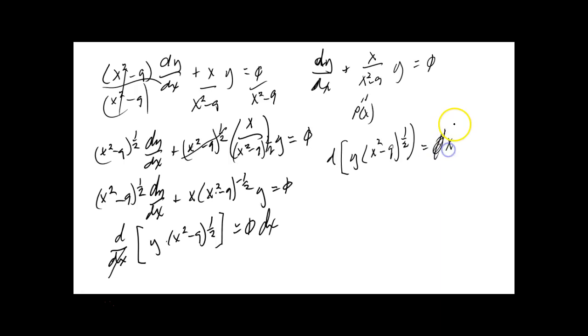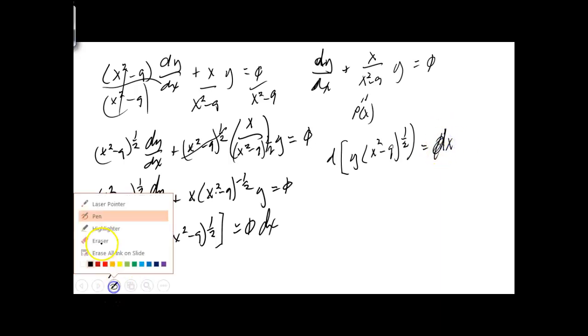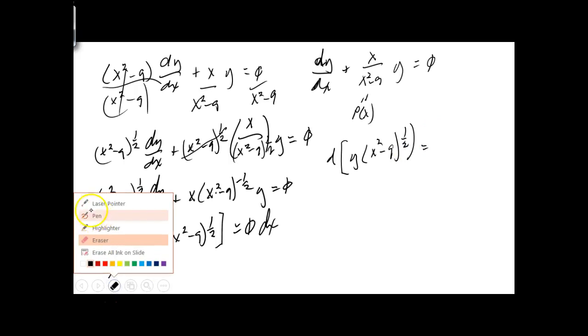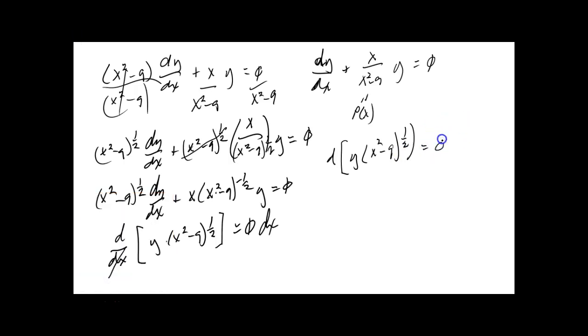That's ugly, let me clean that up some. The pen has gotten really slow. 0 dx. That's sort of dumb looking, but we got it. Now we integrate both sides, and you get y times x squared minus 9 to the 1/2.